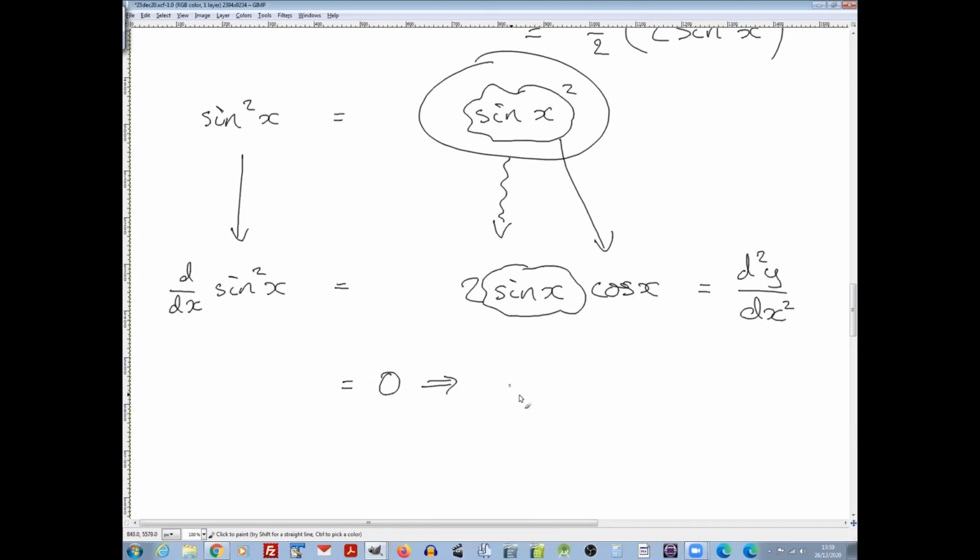What does setting this to 0 tell us? What can we deduce next? We could now say, I mean, we're trying to solve that equation, really, aren't we? That equals 0. How would you solve 2 sine x cos x equals 0? Would you try and bring something to the other side or not?